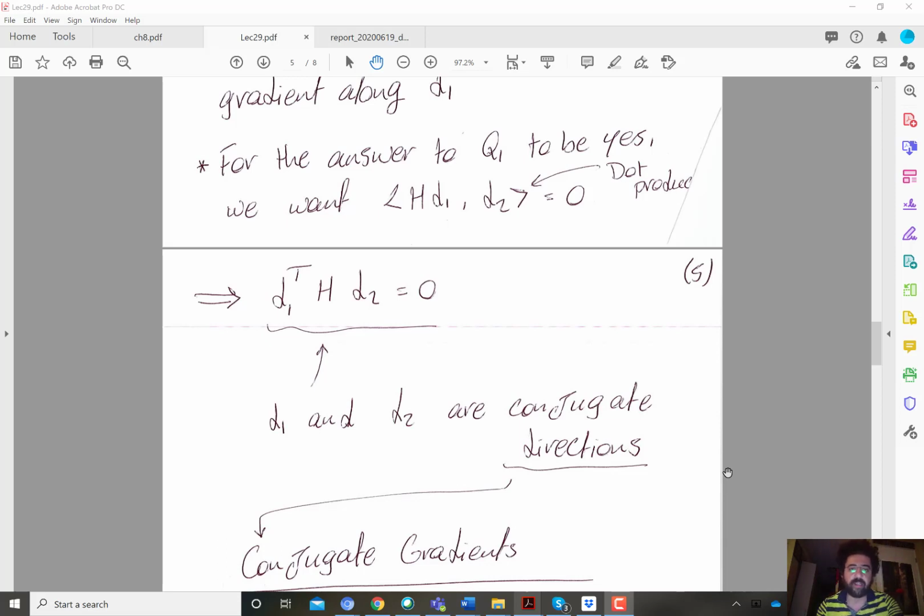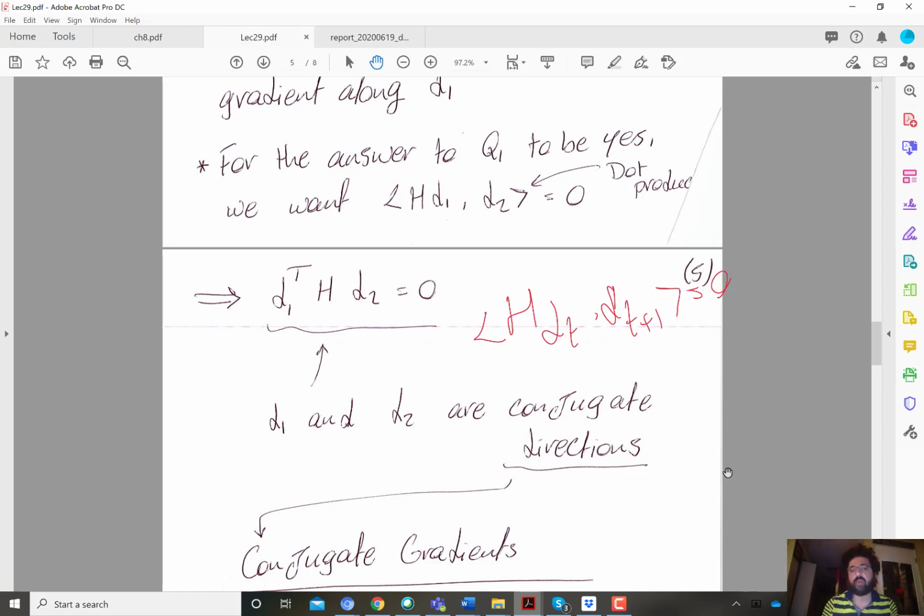So in general, HDt should be orthogonal to Dt plus 1. So the dot product between them should be 0, right? And the reason is very simple: you don't want to undo the progress that you have made while finding the minimum cost along Dt, while you are searching for the minimum cost along Dt plus 1.